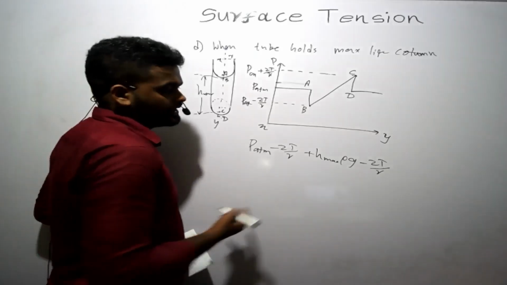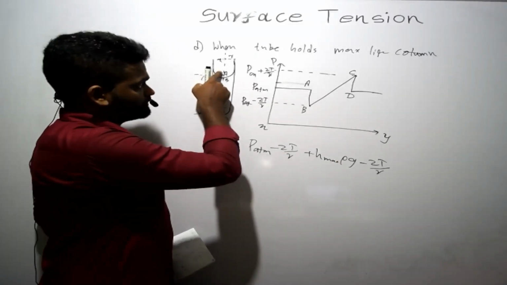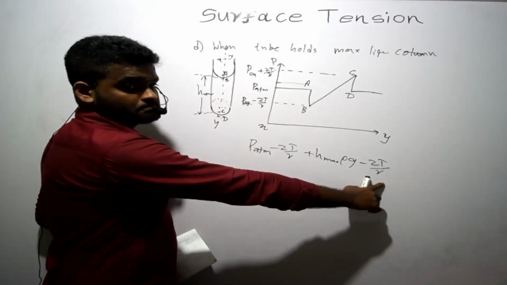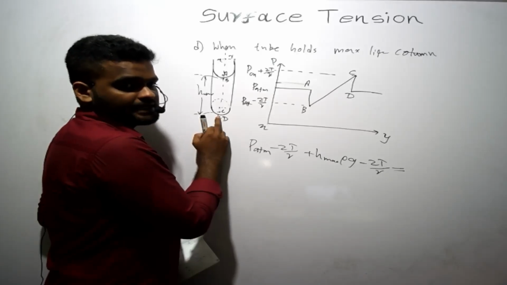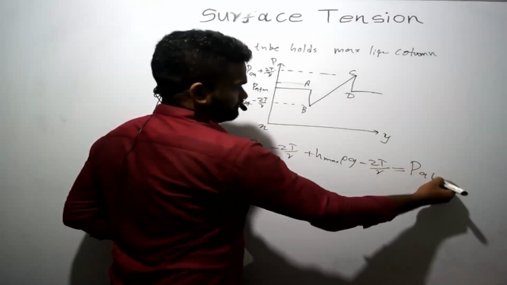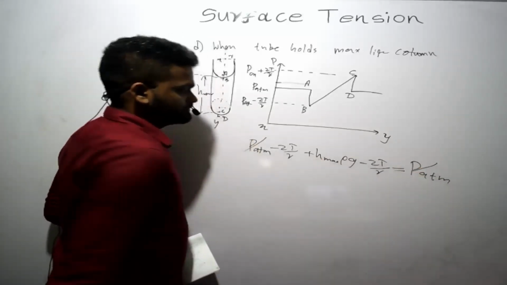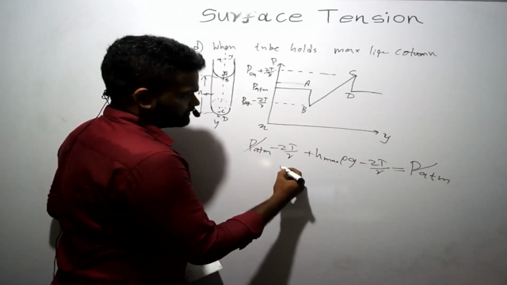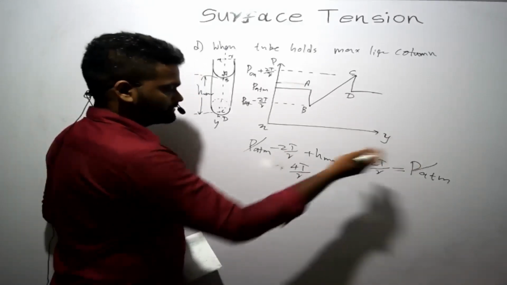Okay. So now I am at D, right? So I just wrote pressure from A to B to C to D. This is the pressure at D. Pressure at D also is equal to PATM. Okay. PATM cancels off. What do you have here? Minus 4T over R. Sorry, I'll just put it to the other side.